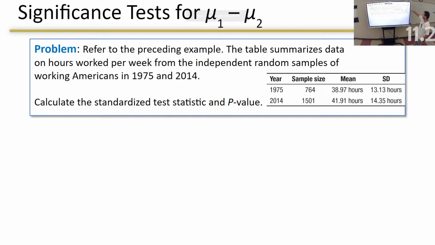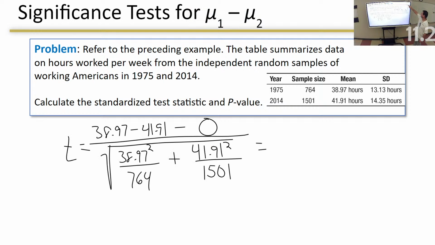Anybody punch and get? What do you get? The T or the P? Both. The T is negative 1.65. Verified with anybody? And then for the P, I put 0.09. Is it supposed to be standard deviation?